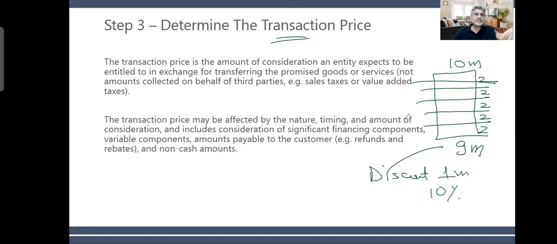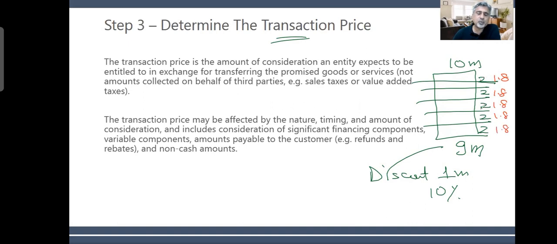So actually this 10% discount is given on the total contract value. But then what you should do is allocate this discount to these individual obligations. So you should be giving 10%. So 2 million, 10% is 200K. So it makes 1.8 million, 1.8 million, 1.8 million, 1.8 million, and 1.8 million.